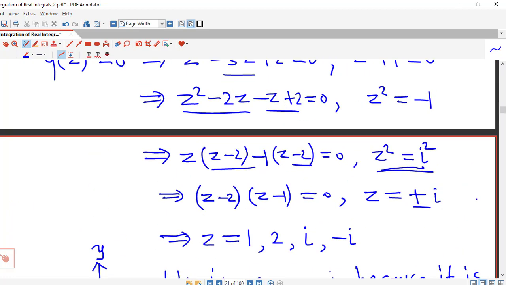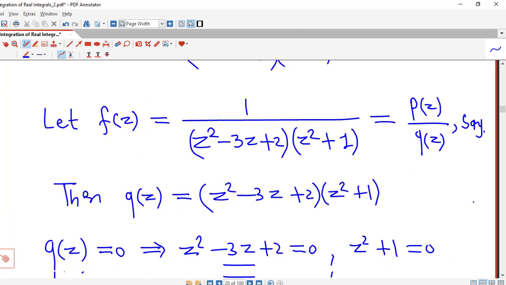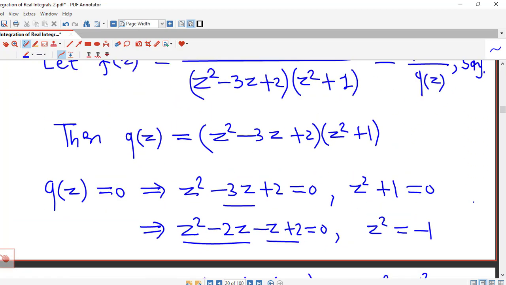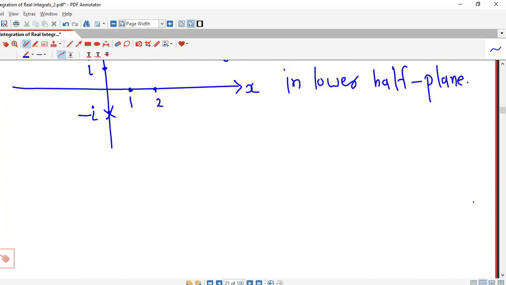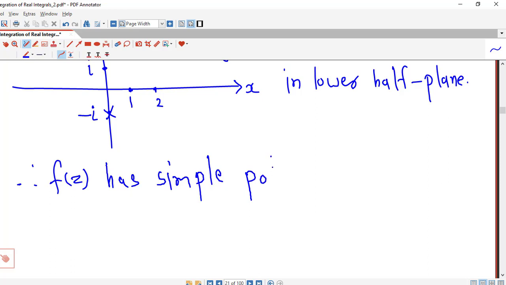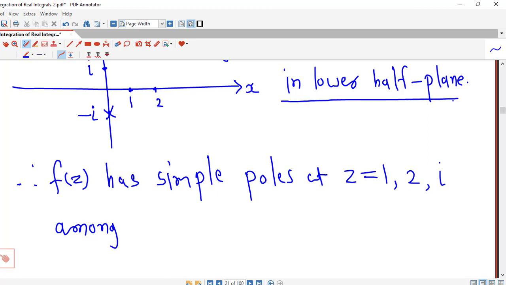And because f of z is a rational function, we can see that z equal to 1, 2 and i are poles of f of z. Okay, and they are simple poles. So f of z has simple poles at z equal to 1, 2, i. We are not writing minus i, it is also a simple pole, but it is in the lower half plane, so we ignore z equal to minus i.